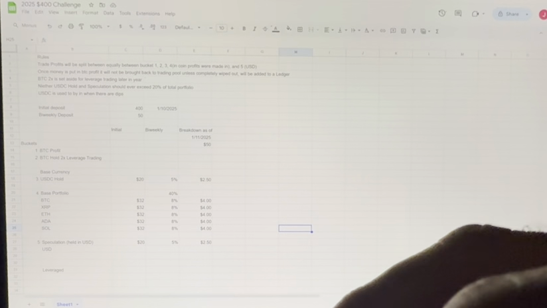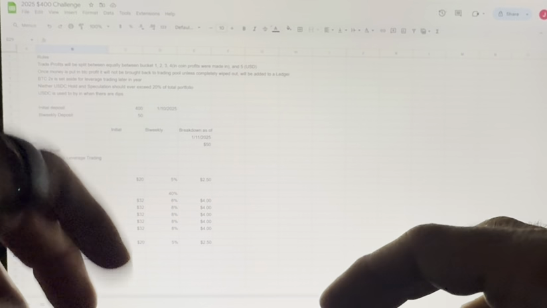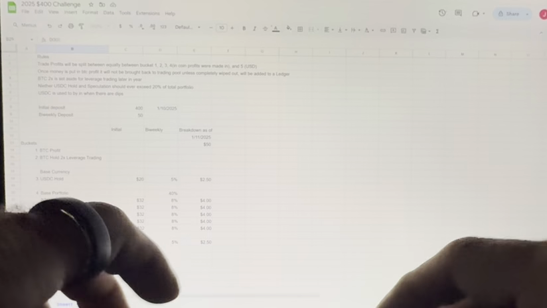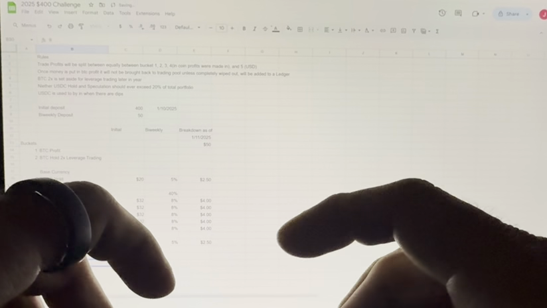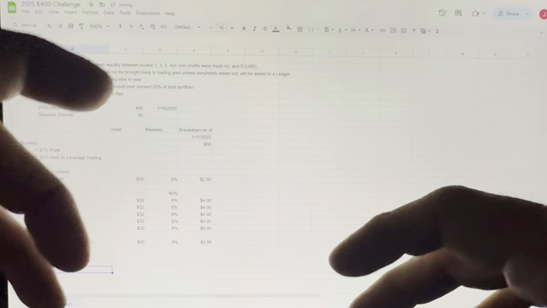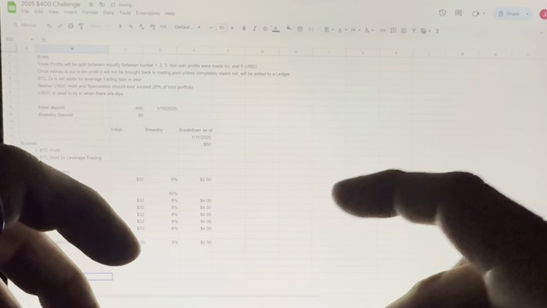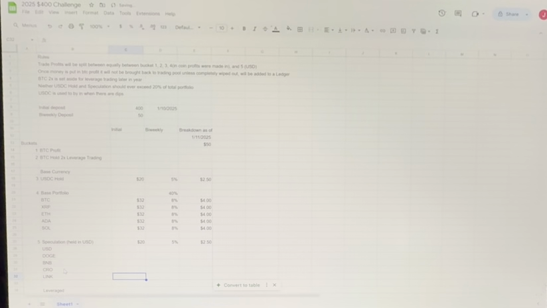Now, we can go into speculation, and let's go ahead and put DOGE, BNB. Let's add a couple more. Insert row. We're going to put CRO and maybe LINK, and then maybe we'll find something else down the road. None of these are really that speculative, honestly.